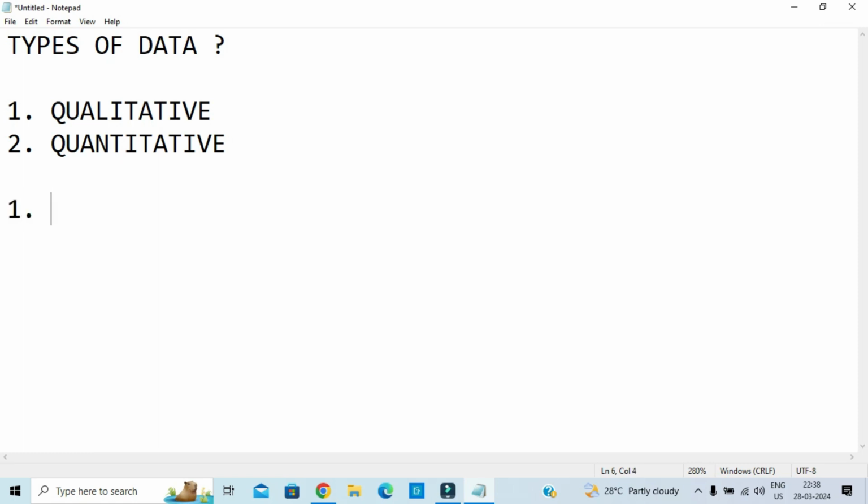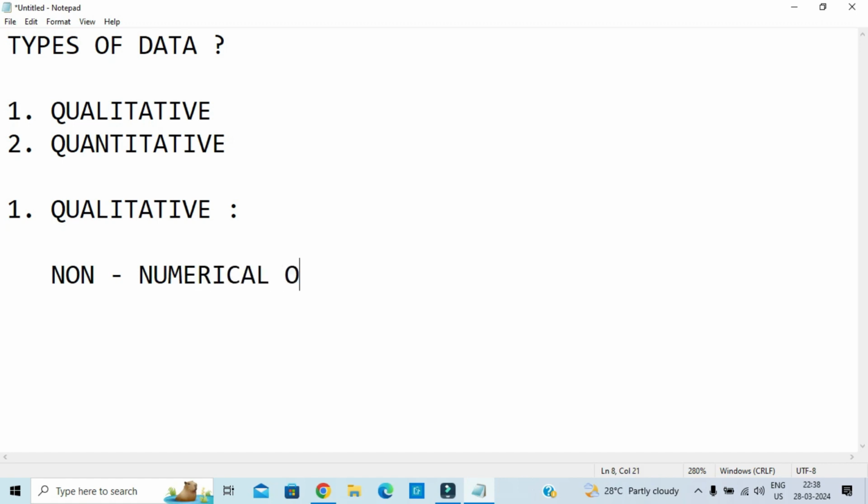The first one is qualitative. So what is meant by qualitative data? Qualitative can also be called non-numerical data, or we can also represent this as categorical data.